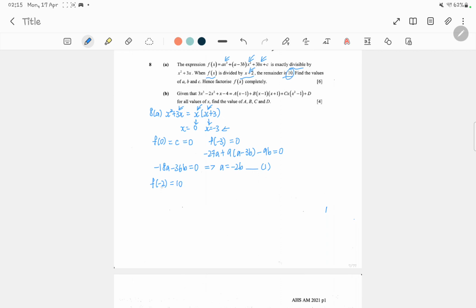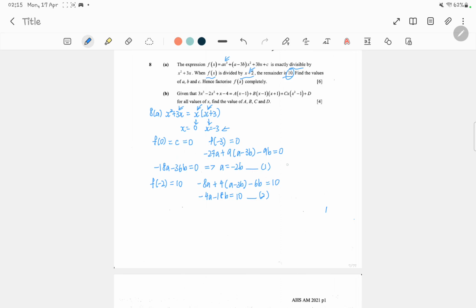Substituting minus 2 into all the x, this gives us minus 8a plus 4(a minus 3b) minus 6b. Again, c equals 0, we know that already. This equals 10. Simplifying, we get minus 4a minus 18b equals 10. So this is equation 2.